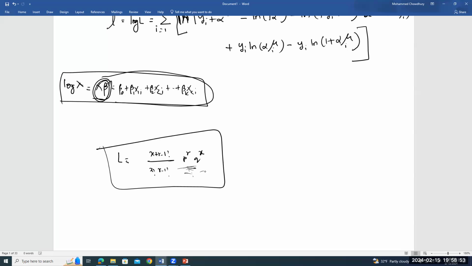So all the discussion of the last 1 hour and 45 minutes was in order to convince you that now I can plug x beta in there, because mu i is the mean. But this negative binomial distribution does not have a mean, so I cannot plug in x beta.